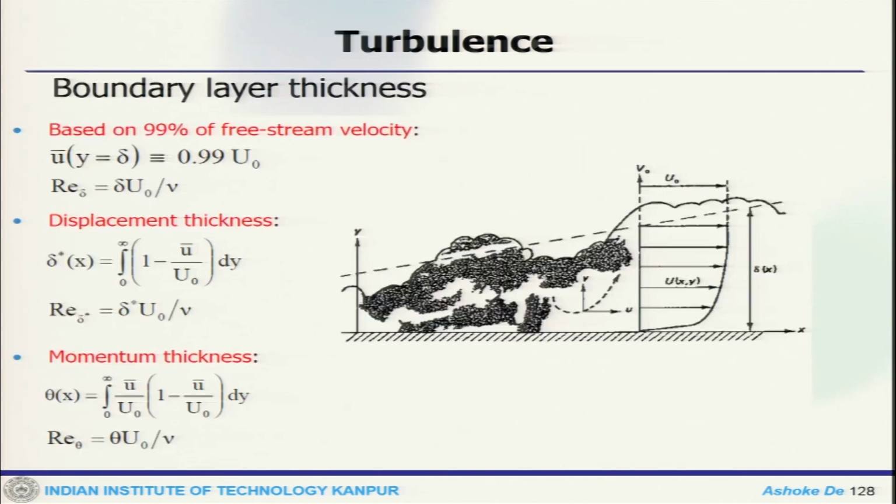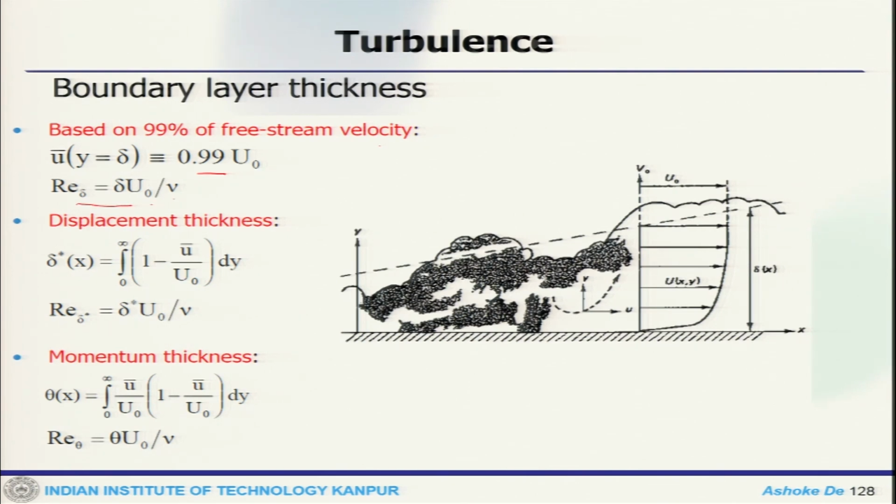So, now the boundary layer thickness based on 99% of the free stream velocity: we can define u bar at y equals delta is 0.99 u naught, and Re delta would be delta u naught by nu.